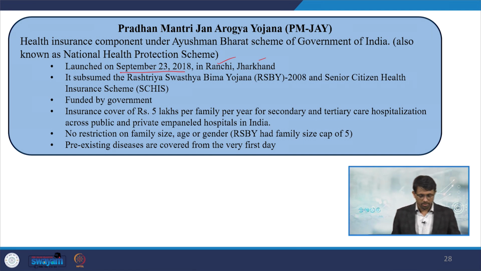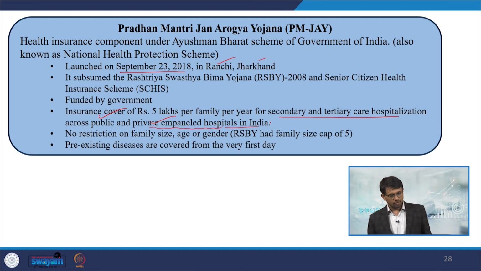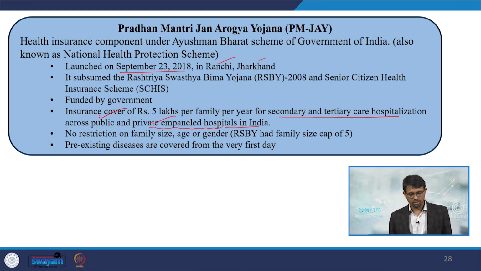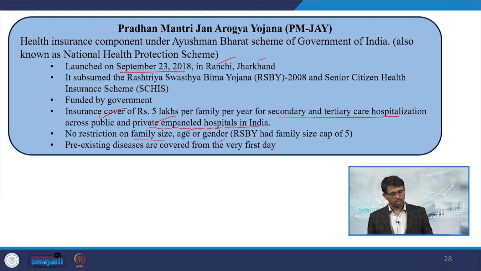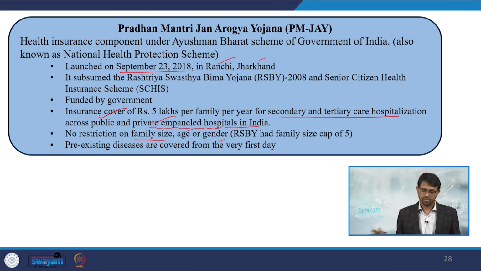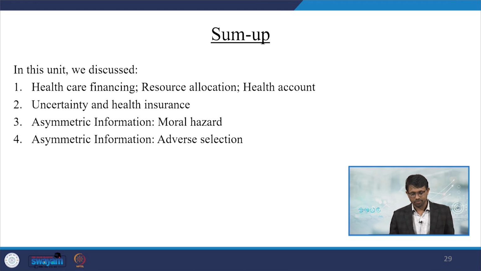This is funded by the government, and the insurance cover is rupees 5 lakh per family per year for secondary and tertiary care hospitalization across public as well as private empaneled hospitals in India. There is no restriction on family size, whereas earlier the family cap was 5 members, no restriction on age or gender, and pre-existing diseases are covered from the very first day. These are the important features.